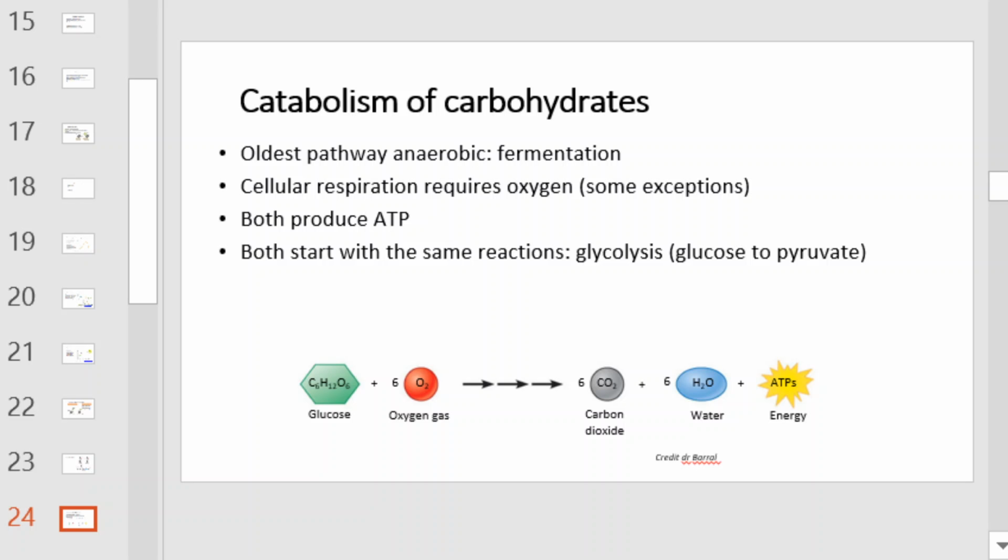Cellular respiration is the catabolism of carbohydrates in the presence of oxygen. Both fermentation and cellular respiration produce ATP. However, the quantity of ATP produced varies dramatically one from the next. Both fermentation and cellular respiration start with the same reaction, glycolysis, and in glycolysis, glucose will be cut in half to produce pyruvate.